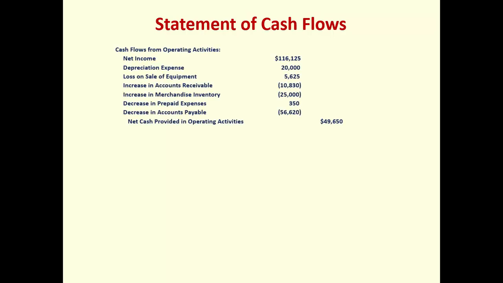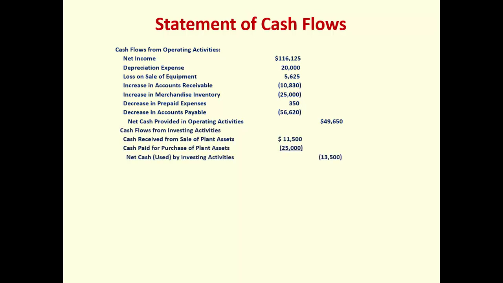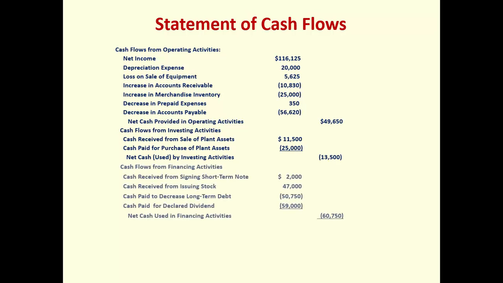So here we're going to put it all together. Here we have our operating using the indirect method, investing using the direct method, financing using the direct method. Add these numbers up, you get your change. It's correct, but you're not done. Next line, what was your beginning balance?